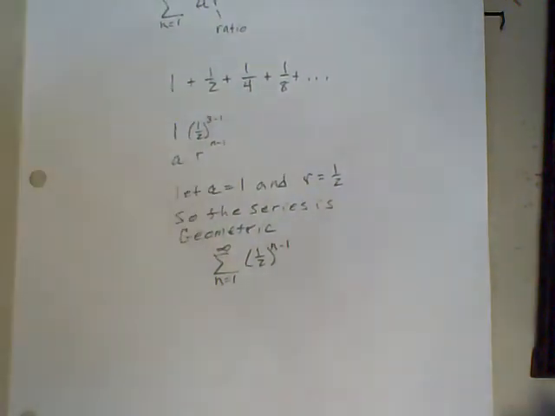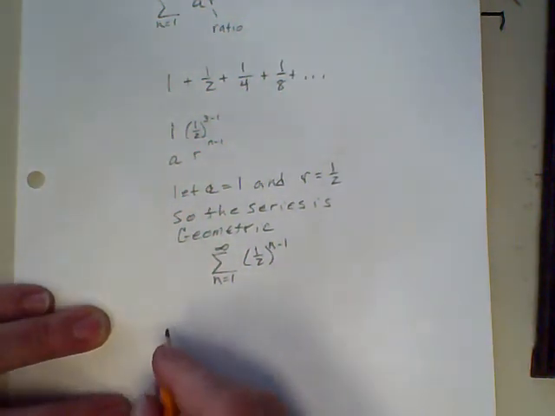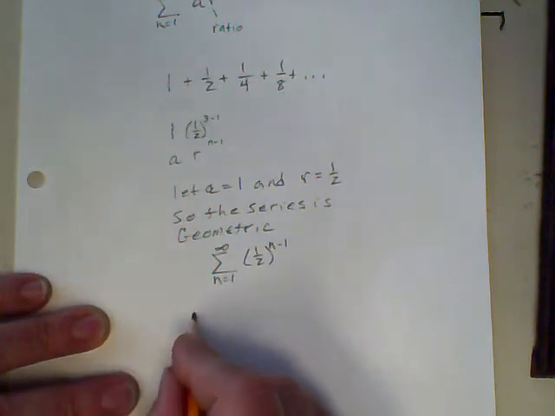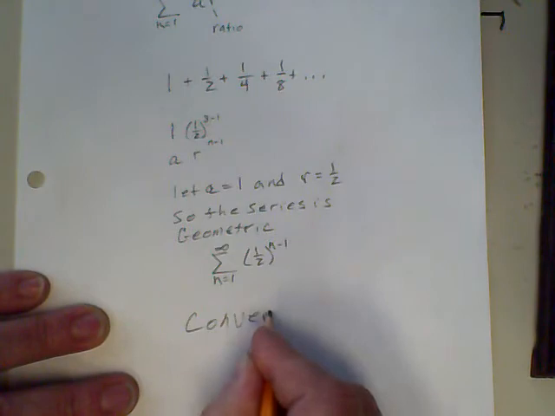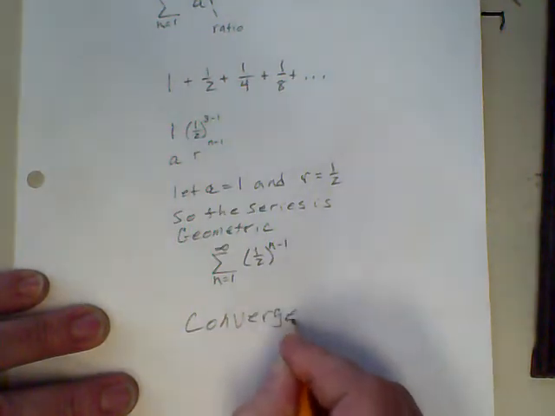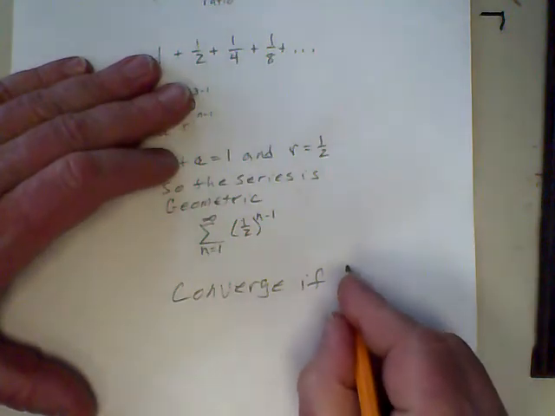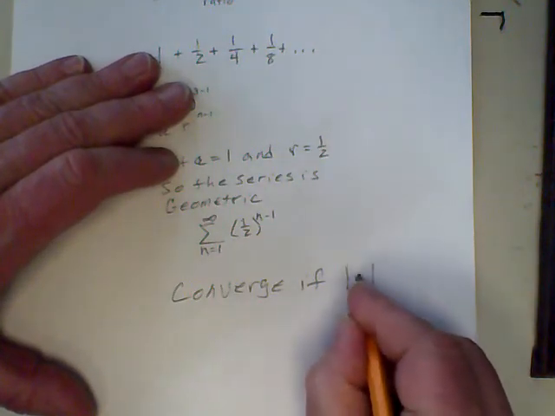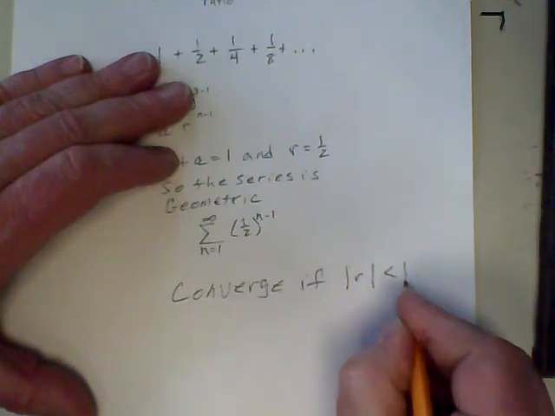All right, so that's great. And what we know now also is we have a theorem presented to us in the book that says a geometric series converges if the absolute value of the ratio is less than 1.